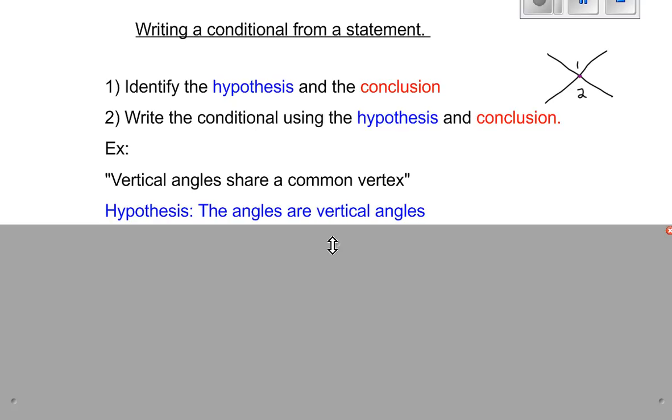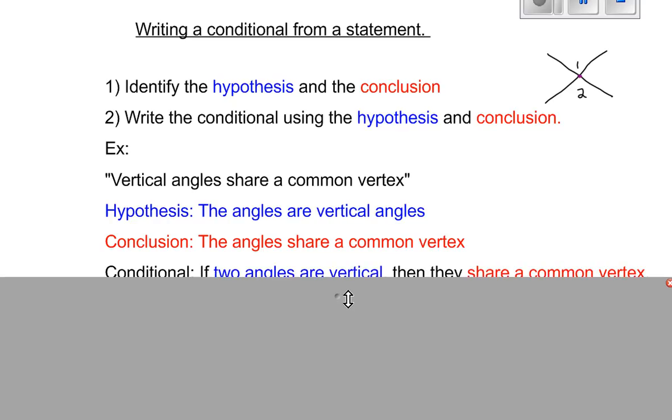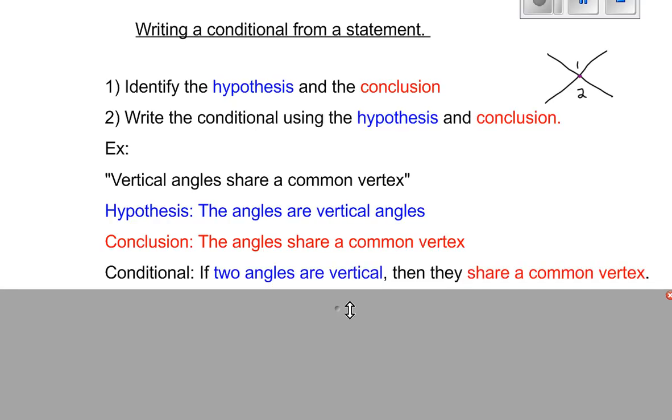And what is the conclusion? Well, the angles share a common vertex. So here I've been given a statement, vertical angles share a common vertex, and I'm creating a conditional statement from that statement. So the conditional is if two angles are vertical angles, then they share a common vertex. So this is our conditional. If two angles are vertical angles, that's the hypothesis, then they share a common vertex, that's the conclusion.